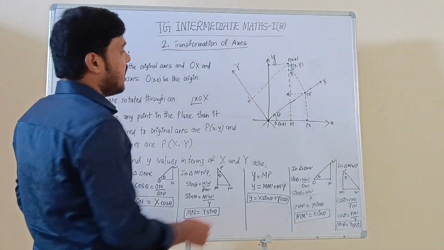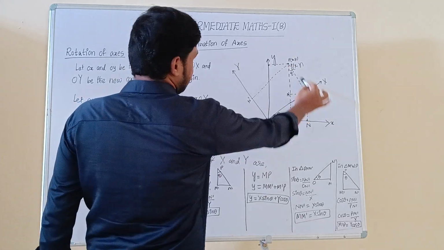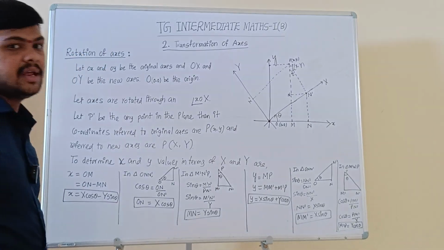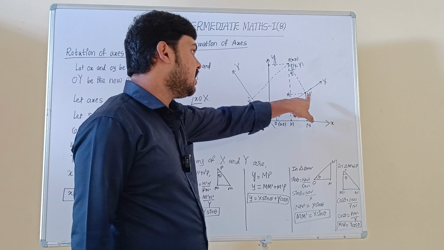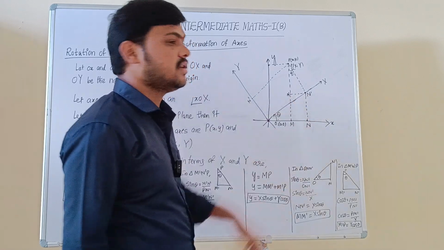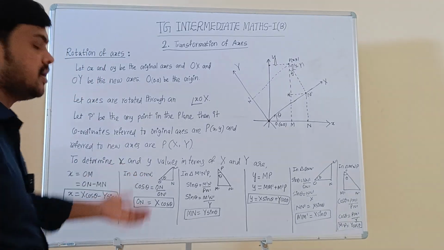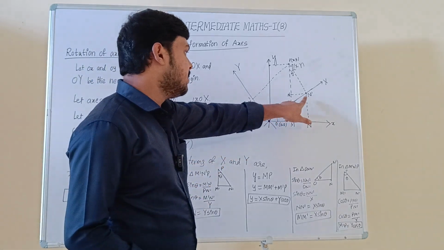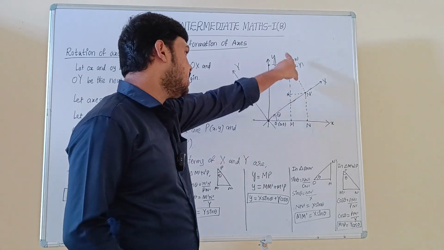For MN, I consider the triangle P M dash N dash, and in that triangle I apply sin theta. Why sin theta? I want MN, or M dash N dash, both are parallel, and M dash N dash is the opposite side. So sin theta is equal to M dash N dash by P N dash, opposite by hypotenuse.